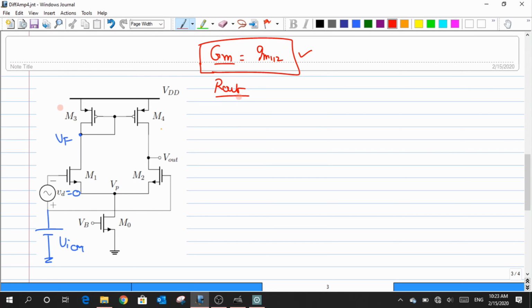So in the case of R out, what was the very first step that I have to do? Yeah, so first of all, I need to short those inputs to the ground. So we went on doing that. Okay, and then we also apply some potential Vx, and I want to measure this Ix. Okay, now in this case, the statement that I stated here is that right now the V out is completely defined by a potential Vx.